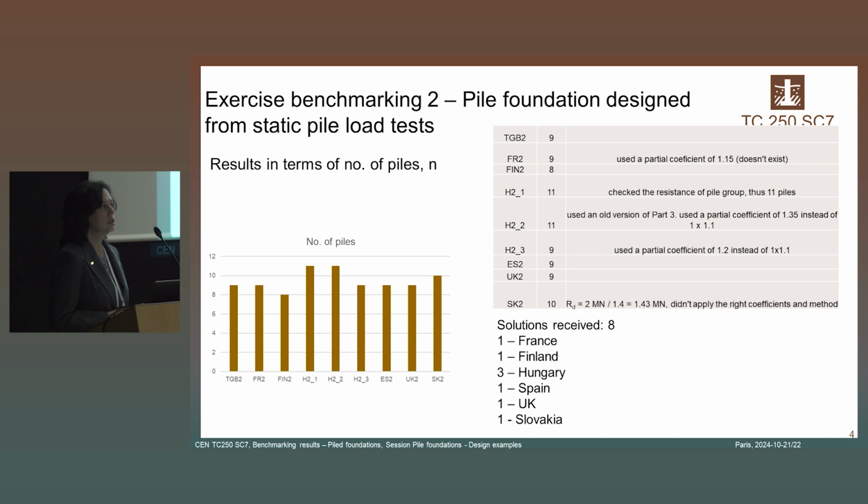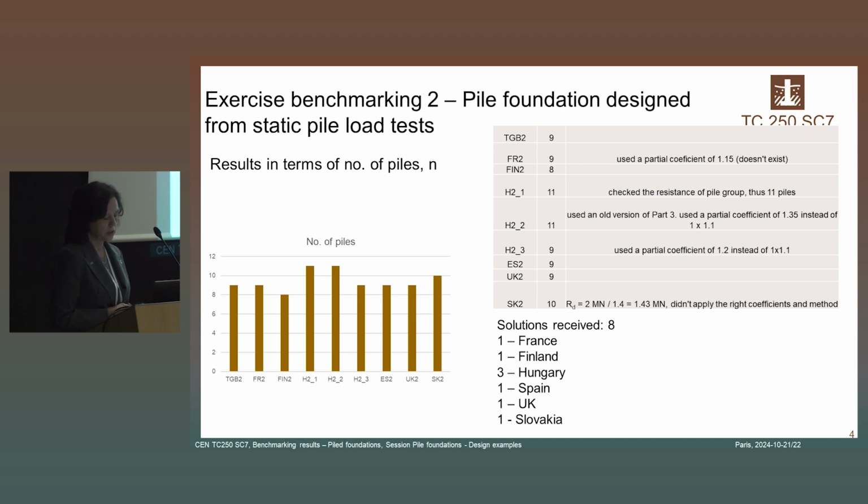So this is showing that in this particular case, they mixed the method of design by testing with the method of design by calculation, by applying a coefficient that was not right in this case. Also, the third solution coming from Hungary, for this one they obtained 9 piles indeed, but they used a partial coefficient of 1.2 instead of 1.1 multiplied by 1, the model factor.